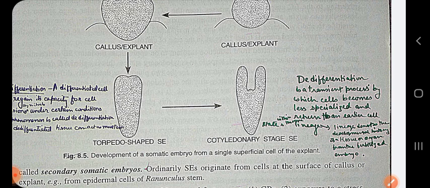To overcome this problem, you can use abscisic acid, also known in short as ABA, or a suitable concentration of mannitol solution.